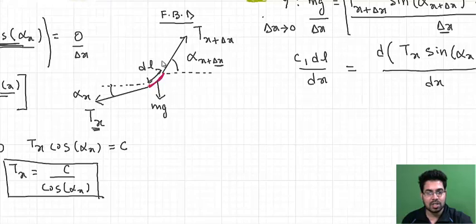And we had the value of T_x over here. T_x was c by cos alpha x. So I am going to replace this T_x with this c by cos alpha x.